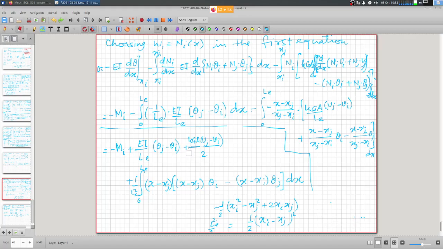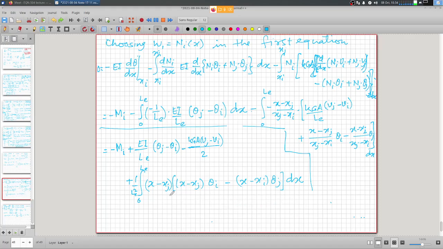Okay, so this is going to be negative of that, of course. There is negative sign here. And what happens to the next integral? Again, we work out term by term.